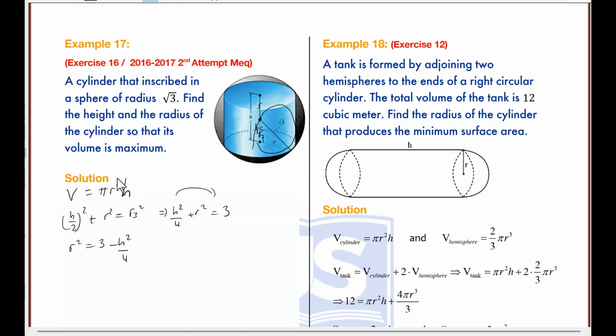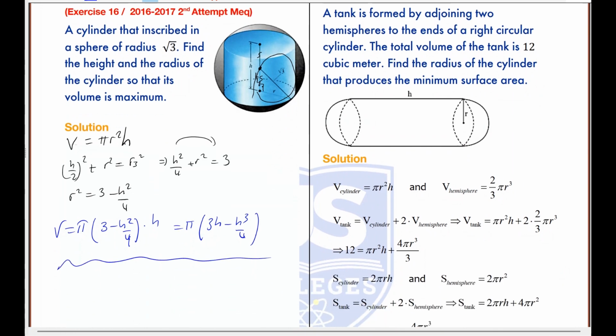So let's substitute this back in the formula. Volume is equal to pi r squared, which is 3 minus h squared over 4 times h. And let me distribute this, get it in simplest form. 3h minus h cubed over 4. Now I'm ready to take derivative.